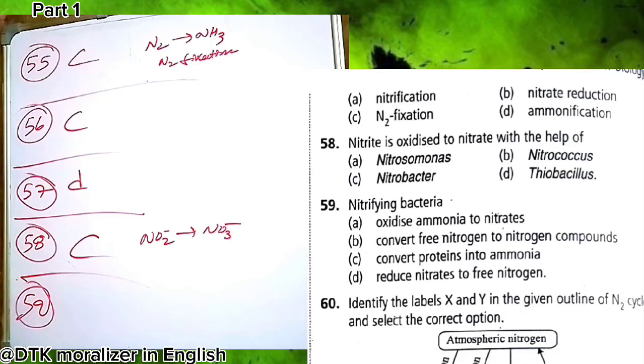Now question number 59. Nitrifying bacteria oxidize ammonia to nitrates, convert free nitrogen to nitrogen compounds, convert proteins into ammonia, reduce nitrate to free nitrogen. So here option A is right.